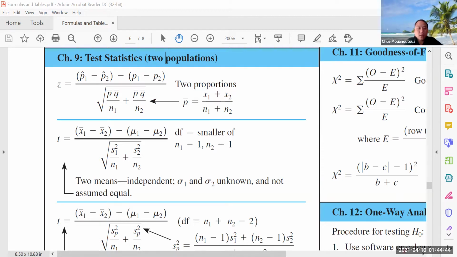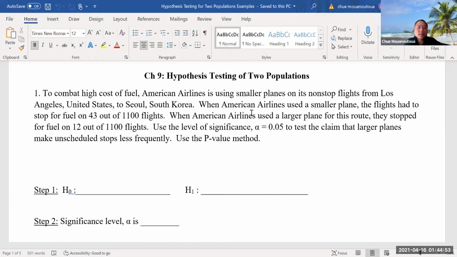If you think of it in terms of our textbook, this is section 9.1 of chapter 9. Let's do a couple more of these problems. The hypothesis test of two populations.